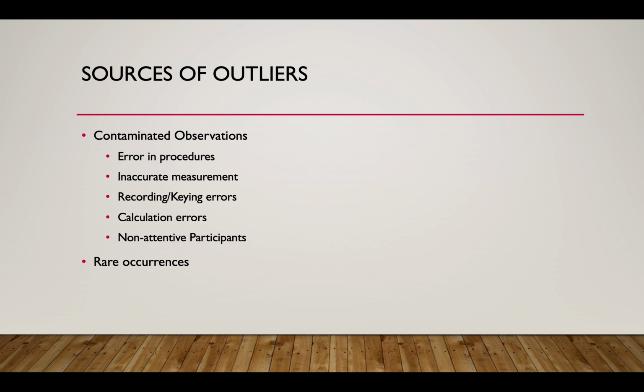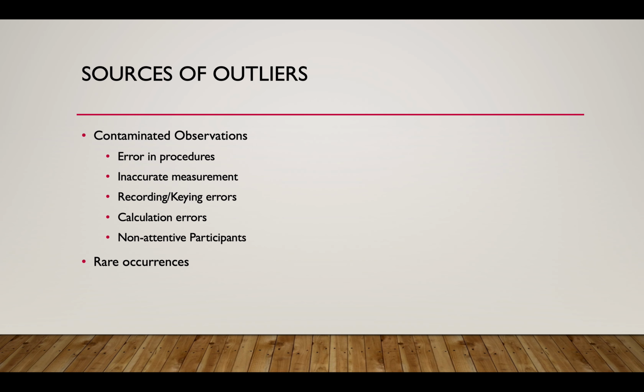There can also be problems with calculation errors. So some of the stuff that we do with our data is we wind up making some sort of transformation or adding something or multiplying something. And so it's possible, in fact, just yesterday I was meeting with Sarah and we were trying to work through a calculation error and we eventually figured it out.